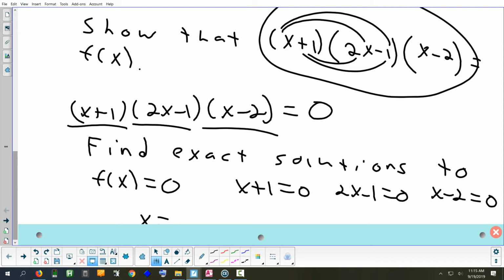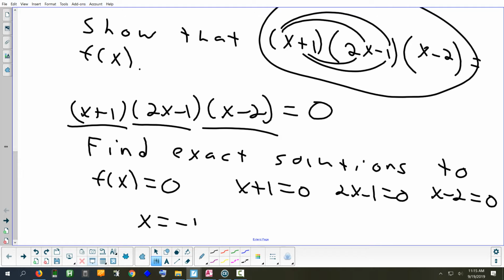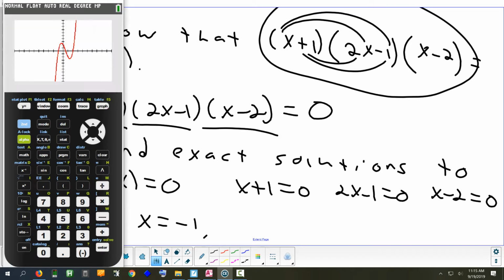If the first one came out to 0, what would x have to be? Negative 1. Now, look at the graph. Negative 1. That's where it crosses for one of my x values.